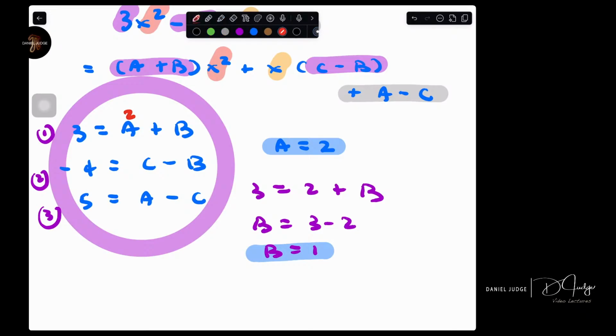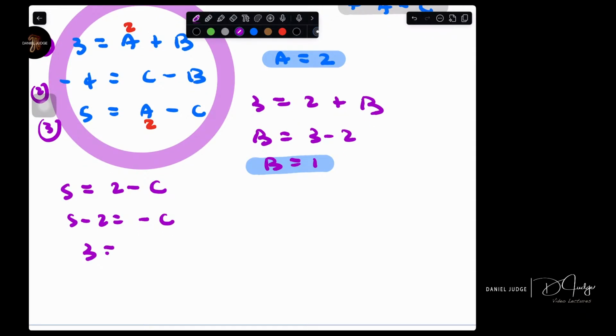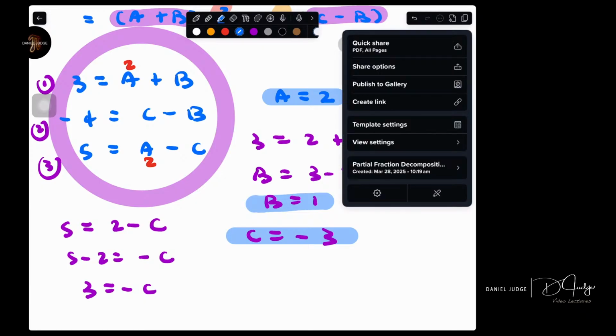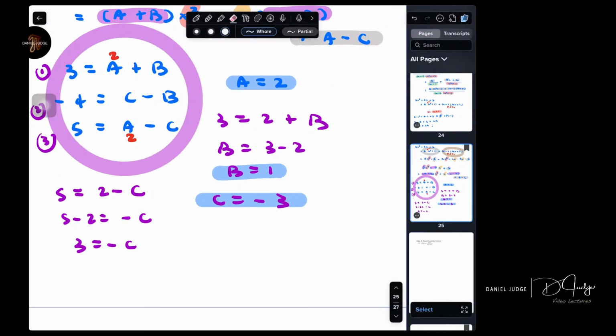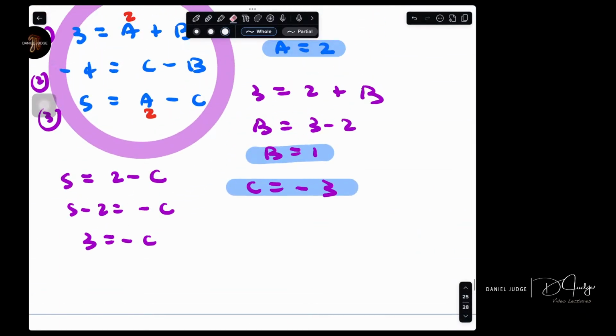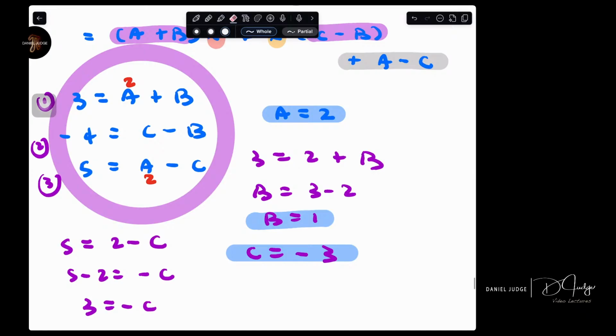If I look at the third equation and let a be 2, that gives us 5 equal to 2 minus c, or 5 minus 2 is minus c. 3 is negative c, which means c will be negative 3. a is 2, b is 1, c is negative 3.